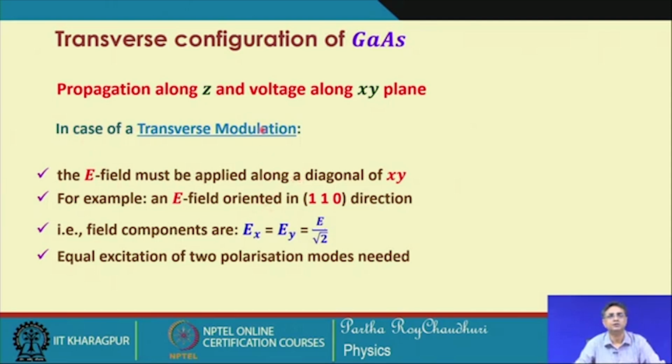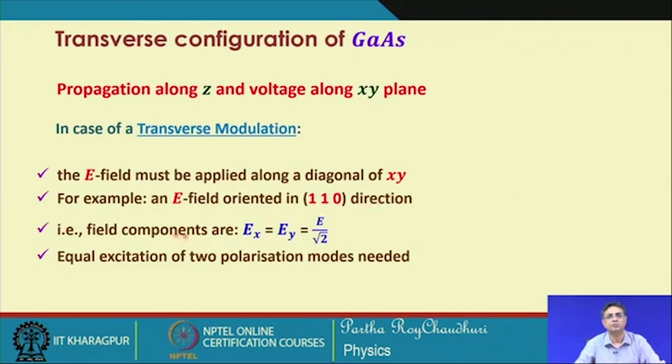So, in the case of transverse modulation, the electric field must be applied along a diagonal of xy, that is, you have the old coordinate system x and y. So, along this line you have to apply a voltage. So, we can represent this electric field as the 110 direction.